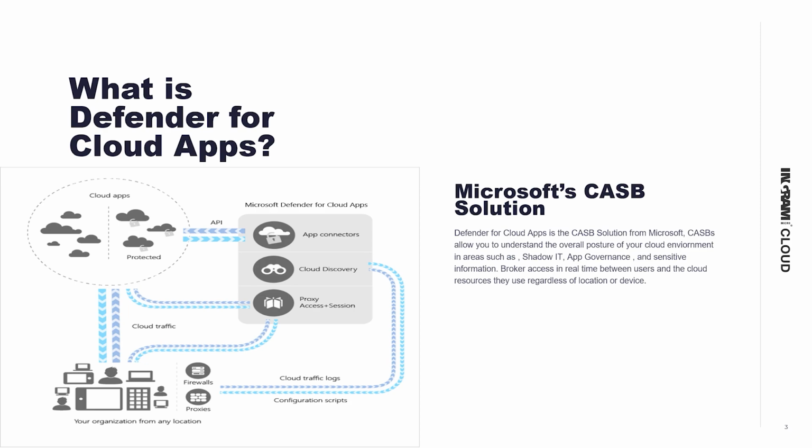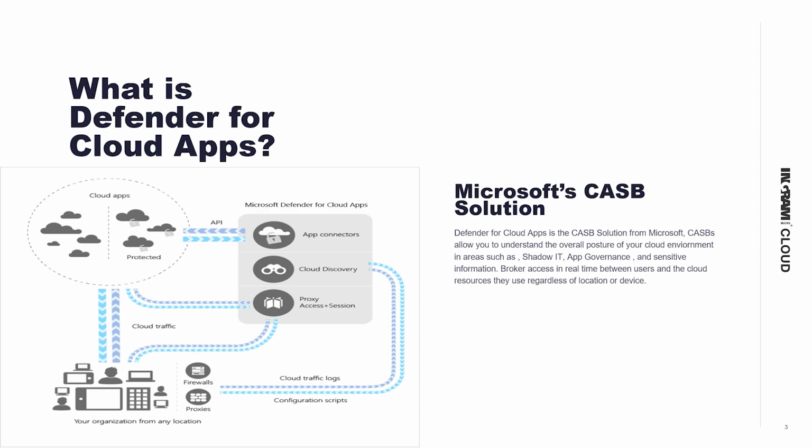So first off, what is Defender for Cloud Apps? Defender for Cloud Apps is a cloud access security broker solution from Microsoft, a CASB. CASBs allow you to monitor and understand the overall posture of your cloud environment. This can be things such as discovering apps your users are using, shadow IT, assessing the compliance of apps.